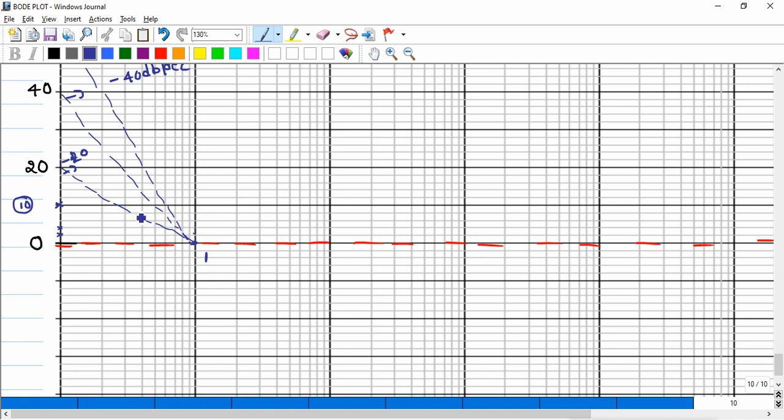Each division will have first 1, 2, 3. So this particular value will be 6. So for this particular line we need to draw a horizontal line. Let me represent that.